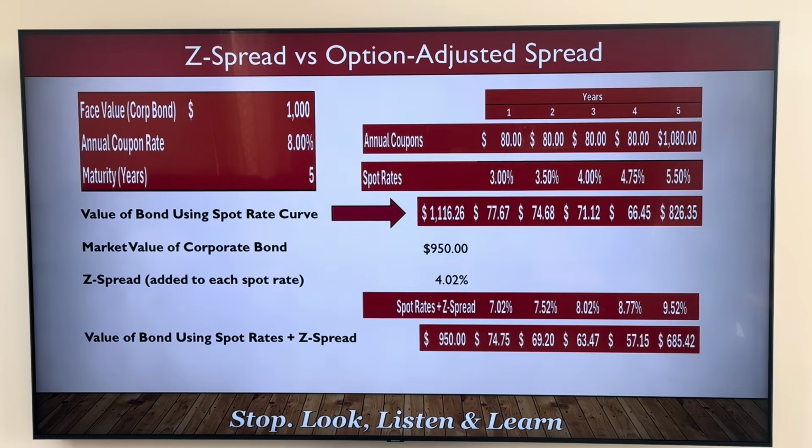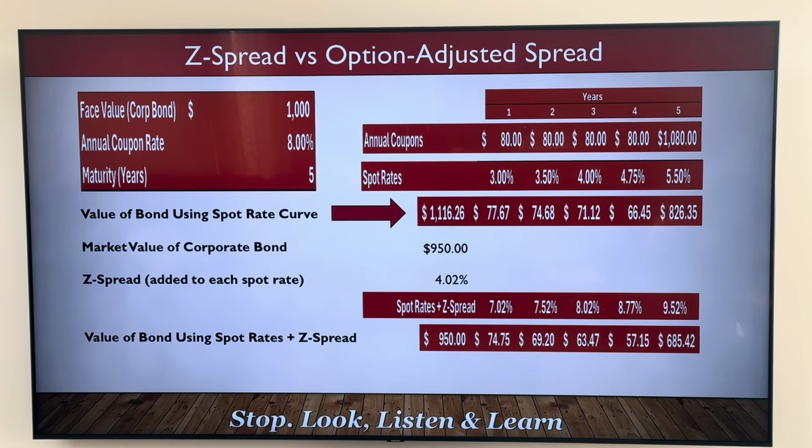So let's walk through an example to hopefully try and clarify the differences between the Z spread and the option adjusted spread. So let's start off by looking at a simple example. Let's say we have a bond with a face value of $1,000, and it pays an annual coupon of 8% and it has a 5 year maturity.